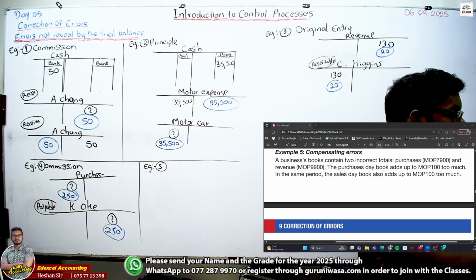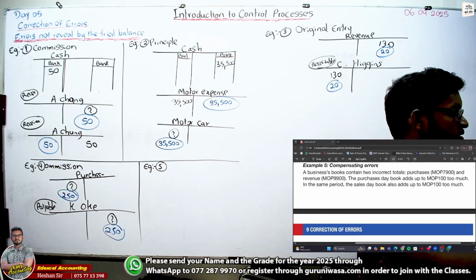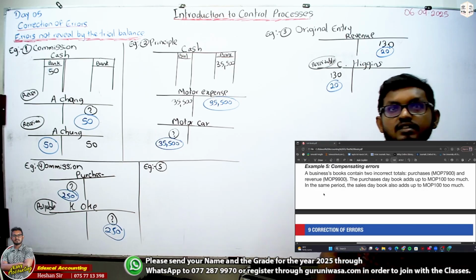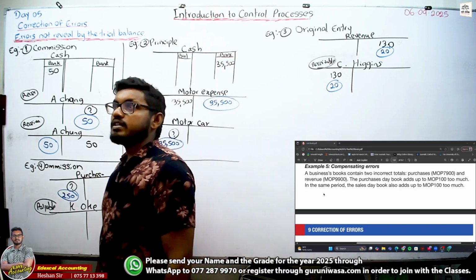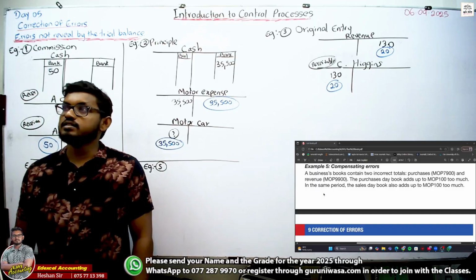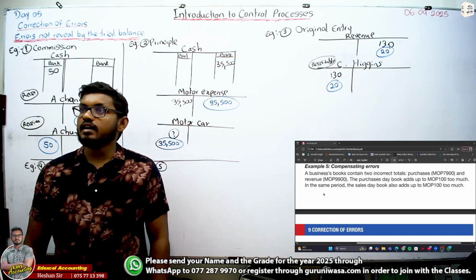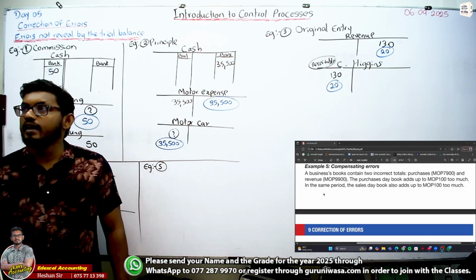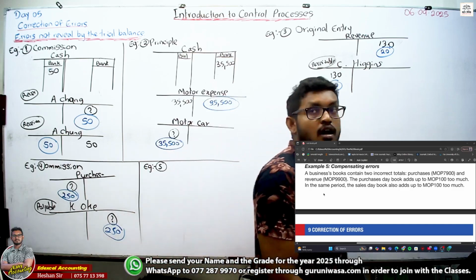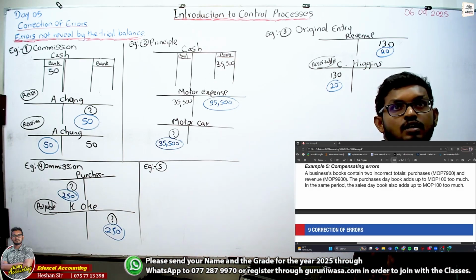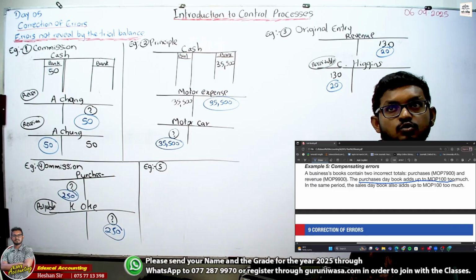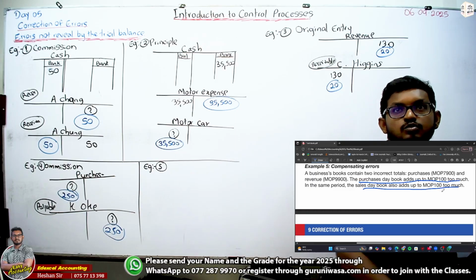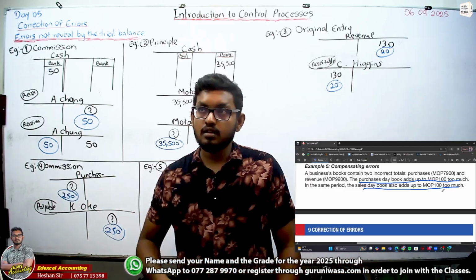Here a business contains two incorrect totals: the purchase day book adds up 100 too much, and at the same time the sales day book adds up 100 too much. Now you can see, right?